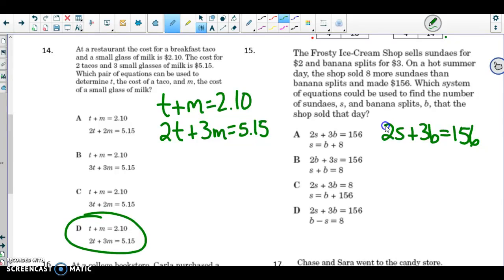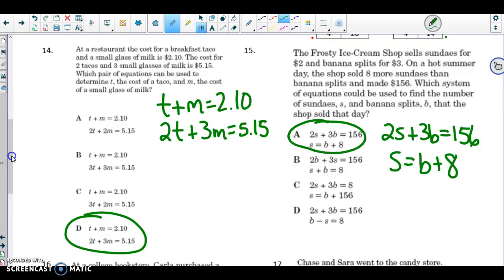So now we just need to look at the other relationship there. The shop sold 8 more sundaes than banana splits. So the sundaes is more. So to get to the sundaes, we would have to have banana splits plus 8 to get there. So it gives us A for that.